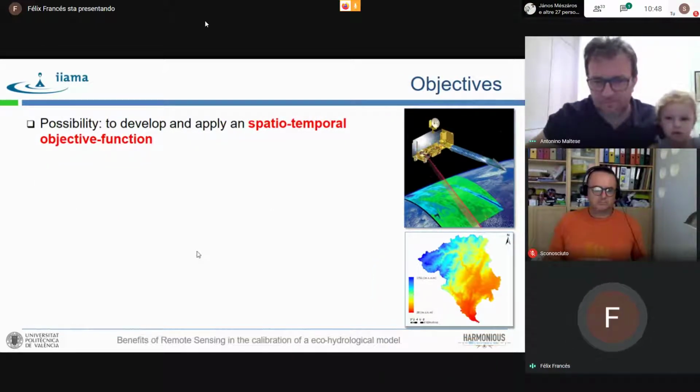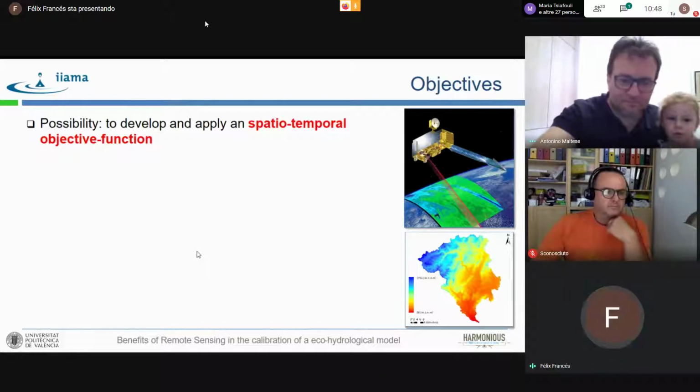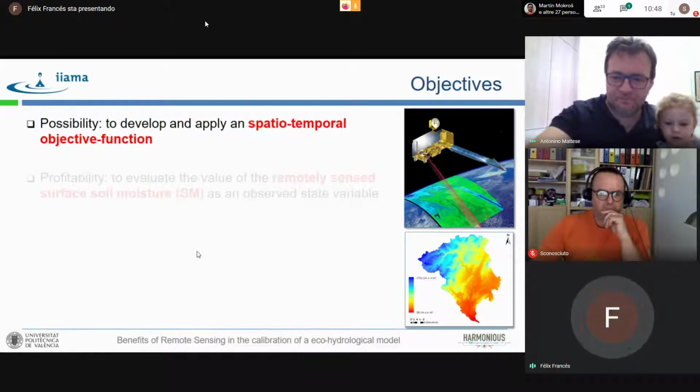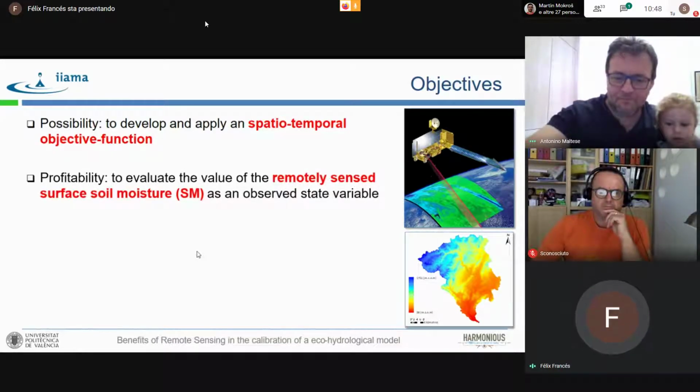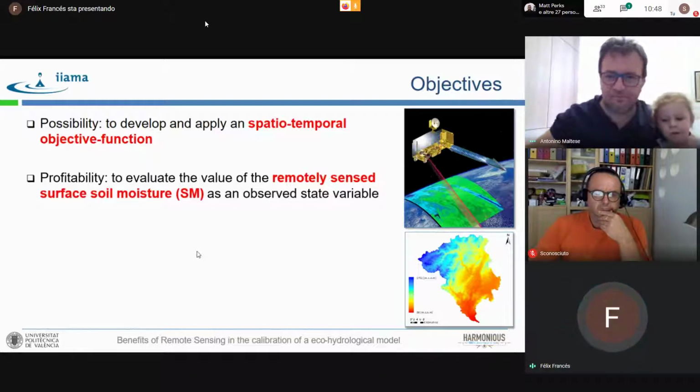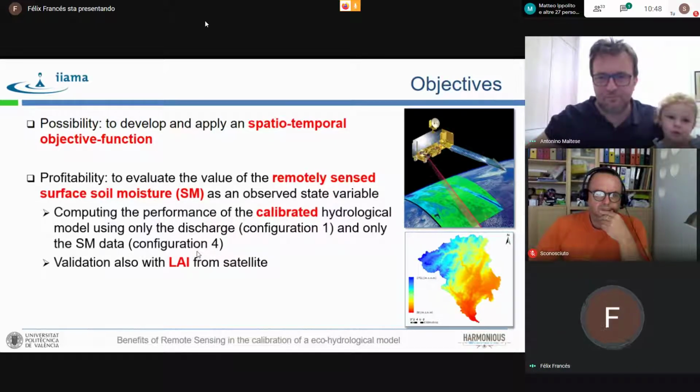The first thing to make this possible is to develop and apply a spatio-temporal objective function which can capture the temporal and spatial pattern of the remote sensing information on one hand, and evaluate the probability. In one case study, we are going to use the surface soil moisture from satellite as the observed state variable, and compute the performance.